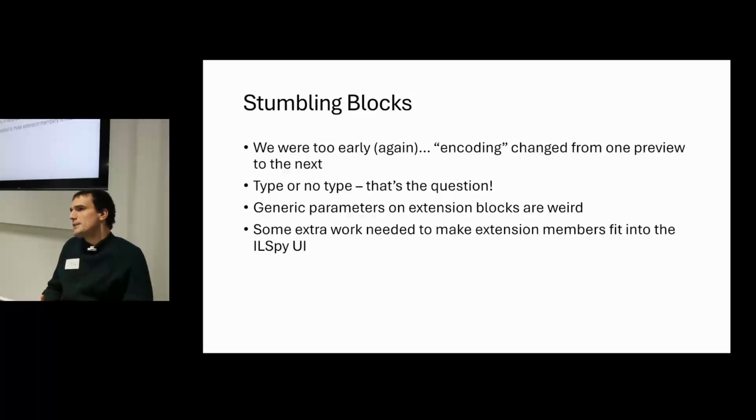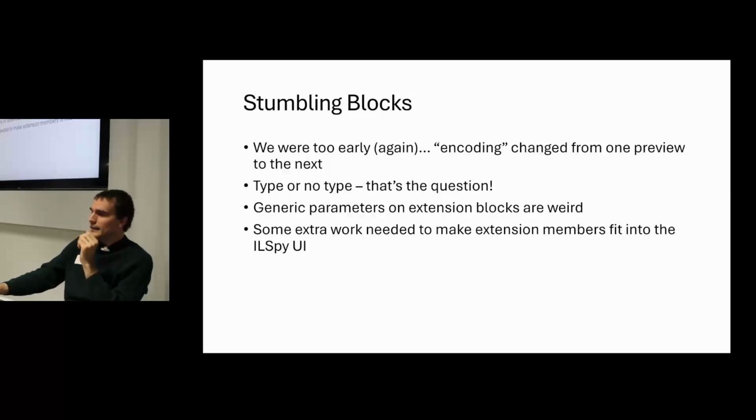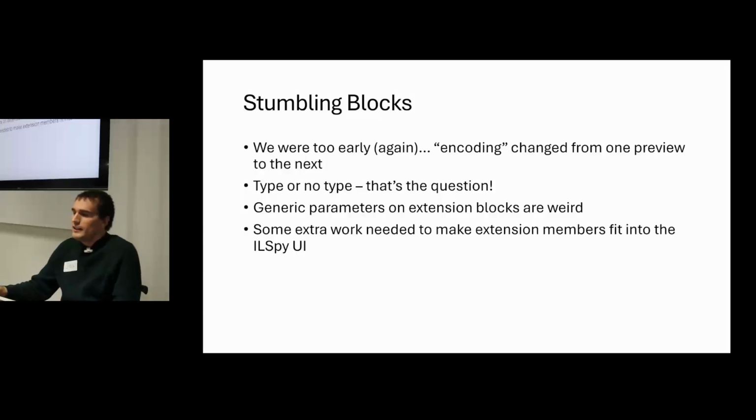So all the work we did was in vain because they changed how they model extension member metadata in the IL. Another thing was, is an extension block a type or is it not a type? I had quite a few discussions with Christoph and also Daniel. And generic parameters, they are weird. I'll show you later what I mean by that.